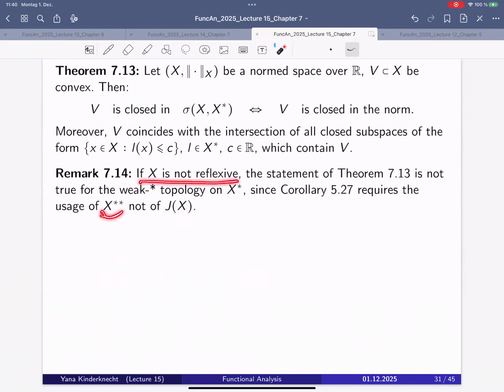So if X is not reflexive, this space is bigger than this space, and hence this corollary would not work. In other words, if X is not reflexive, the weak star topology on X star is strictly weaker than the weak topology on X star. And hence what is true for weak topologies does not need to be true for the weak star topology.